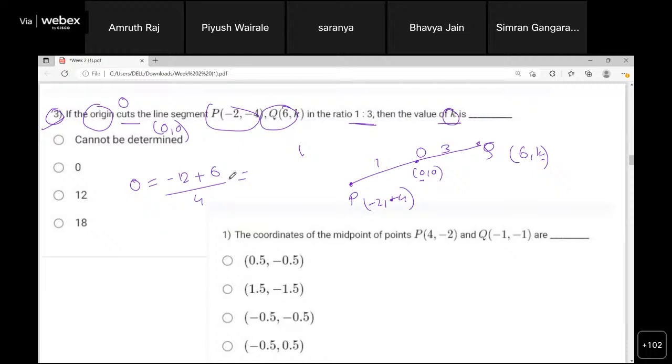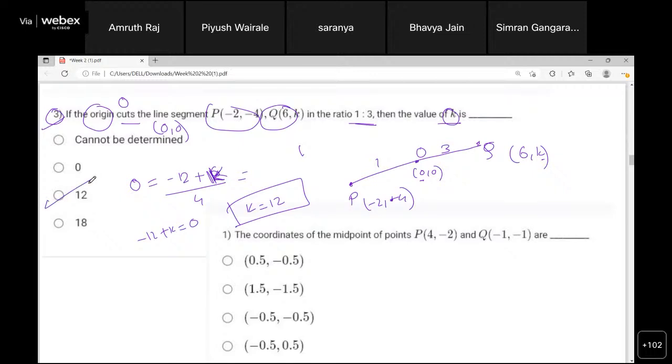So it equals 0. I will get minus 12 plus k equals 0, that is k equals 12. So k equals 12 is my correct answer.